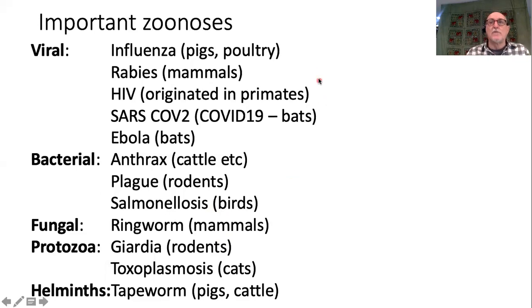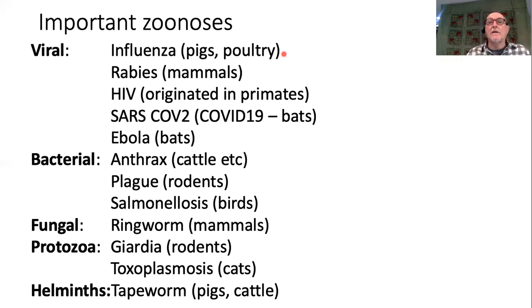By far the most important in human terms is influenza. Influenza, on a global basis, over all of the millennia, has probably killed more human beings than any other disease. Influenza is always potentially an extremely serious disease.